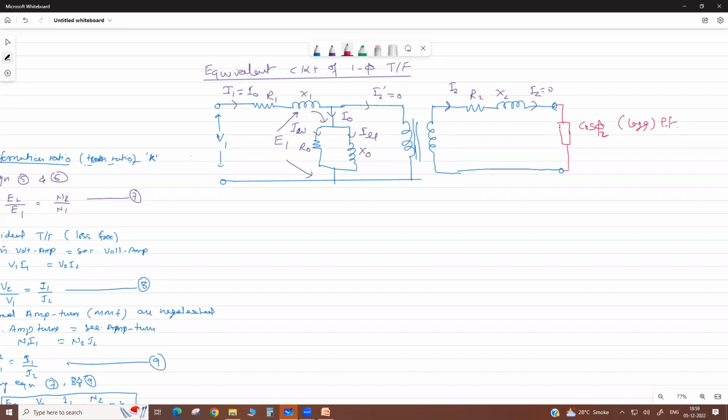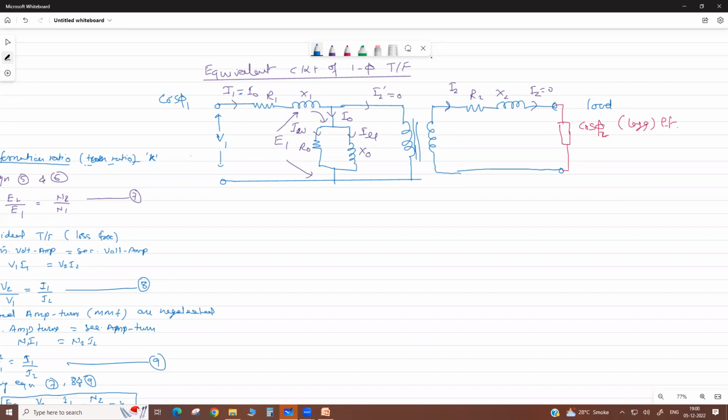If we put a pure resistance load, it is a unity power factor load. So this cos phi 2 is not the transformer power factor; it is the load power factor. But this load decides the overall power factor of the transformer, that is cos phi 1, the primary side power factor.